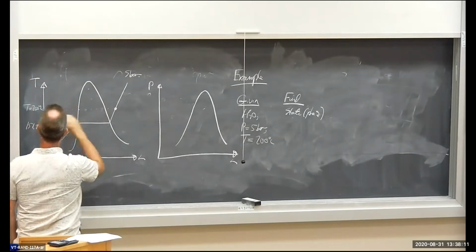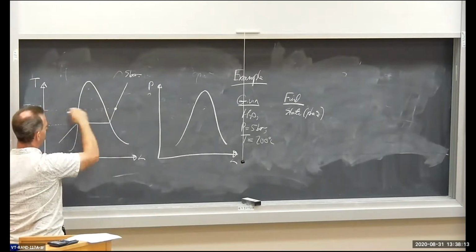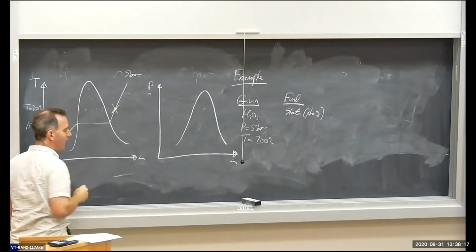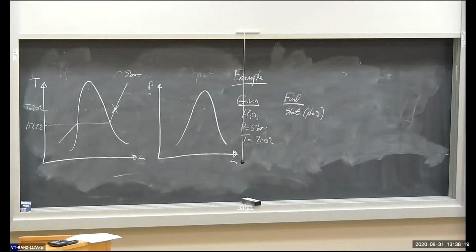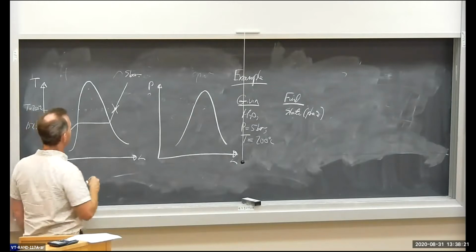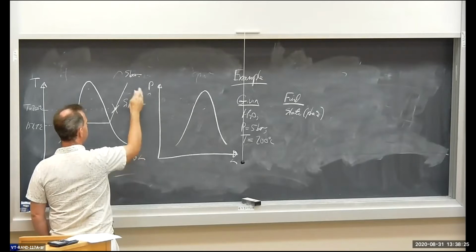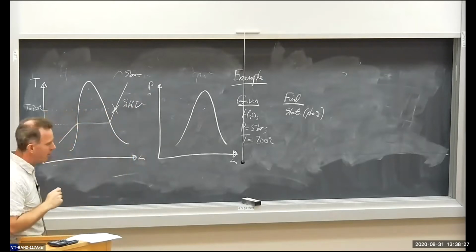The intersection of my 200 degrees C isotherm and my 5 bar isobar is right there. That is the state. That is the superheated vapor region, out here to the right of the dome.